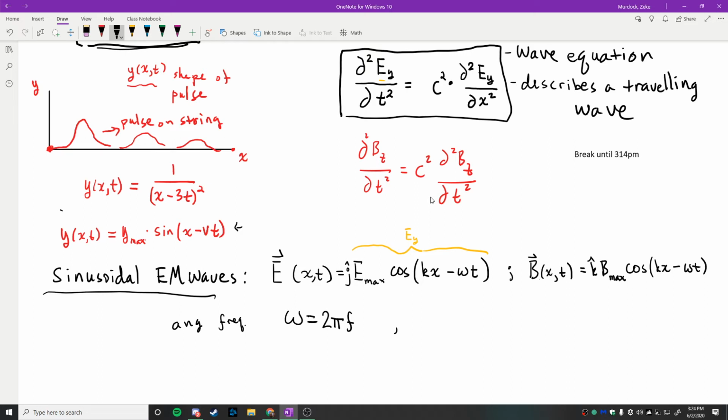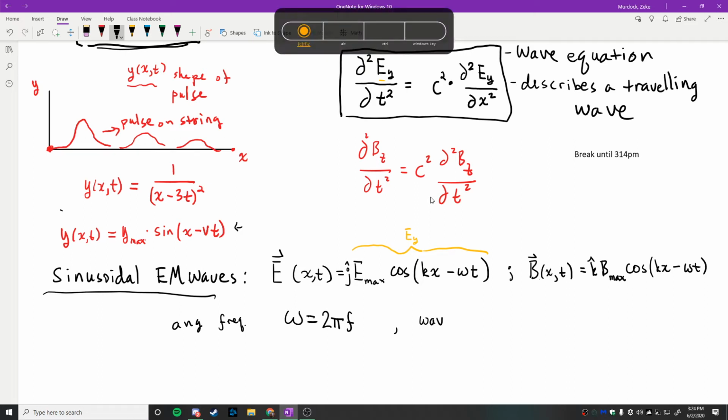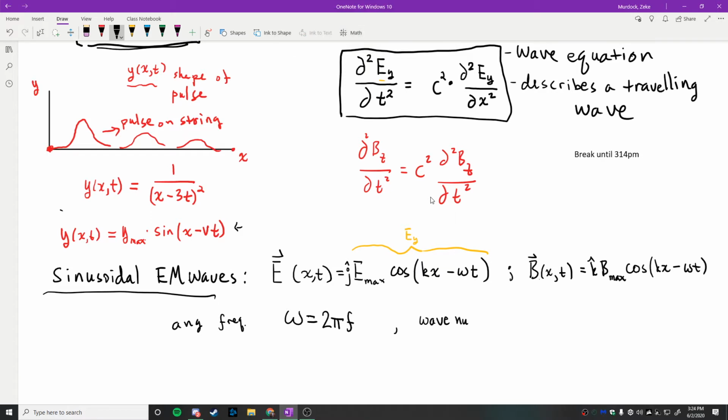And then k is what's called the wave number. It's related to the wavelength of the wave. And I believe this is equal to 2 pi divided by lambda, where lambda is the wavelength of the wave.